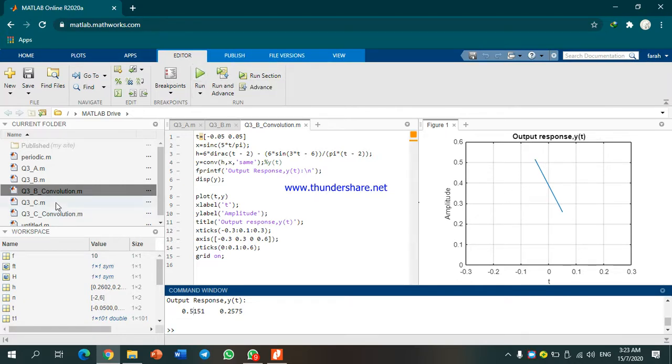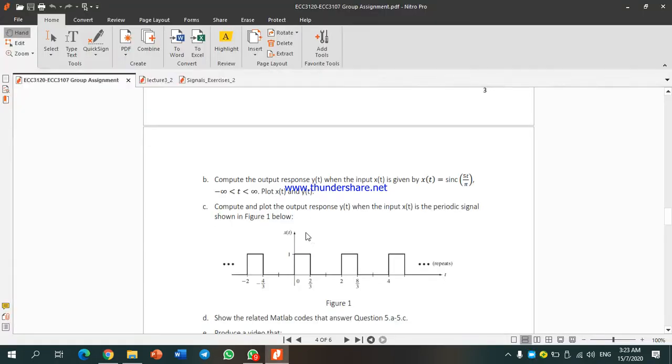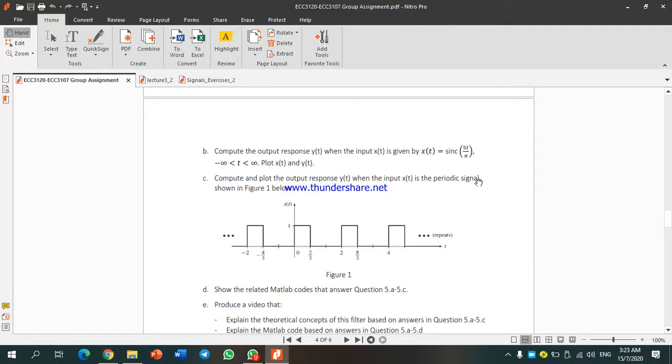Next, I will do question C, that is when the input is a periodic rectangular signal.